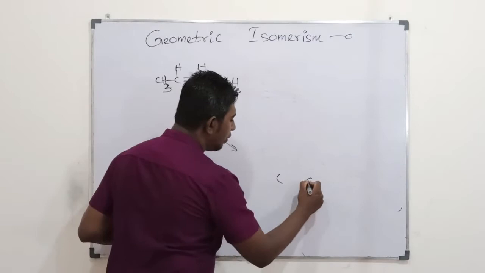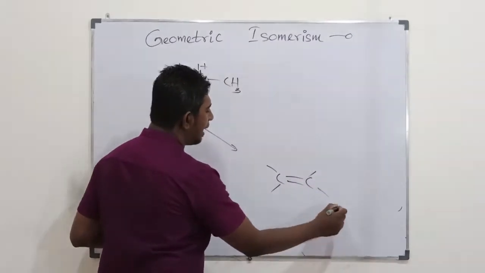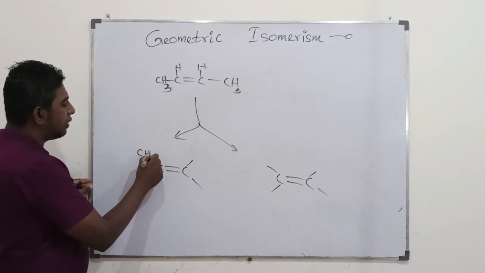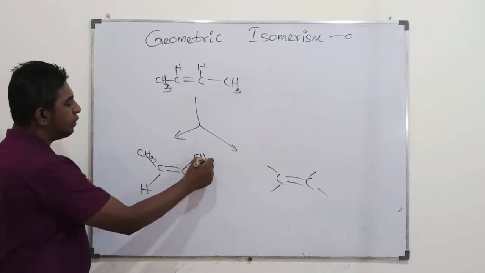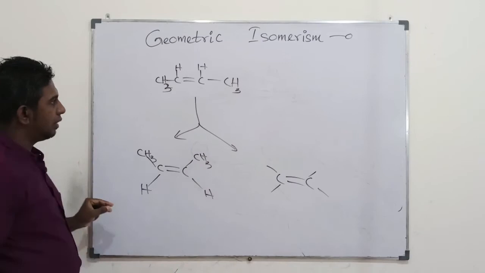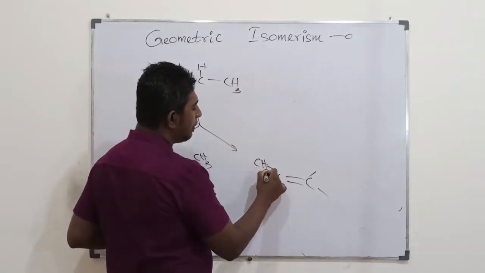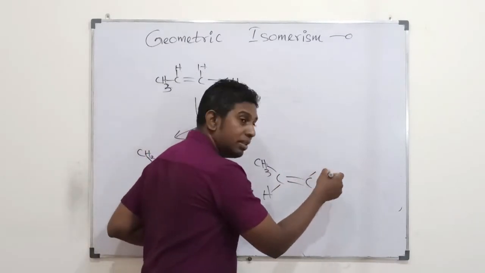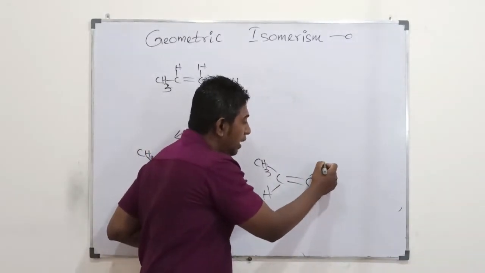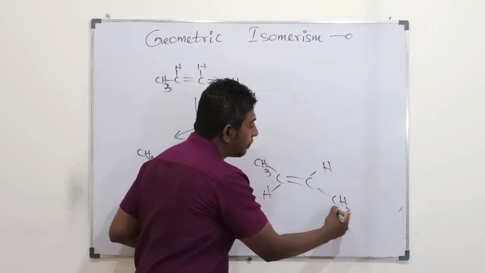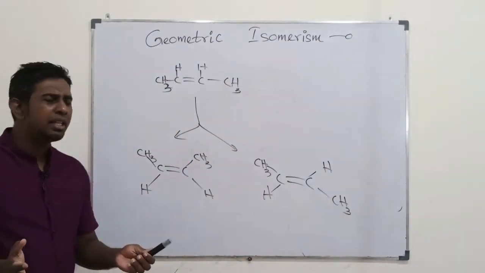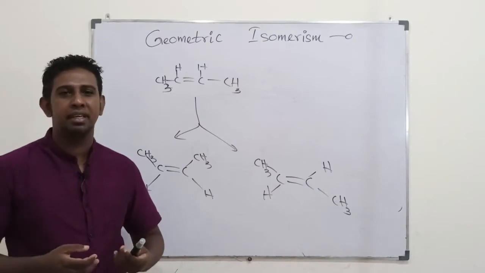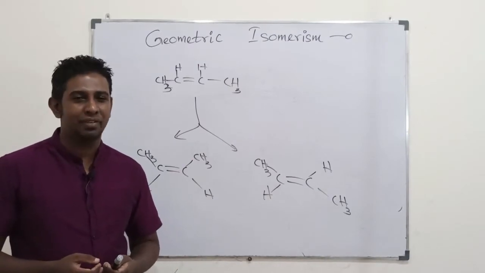So here also is the same, but when you check for the position, here you have a methyl group and hydrogen. Methyl group and hydrogen, right? And now they have exchanged. So it's hydrogen and methyl group. Those are the two possible different compounds being arranged differently in three-dimensional space.